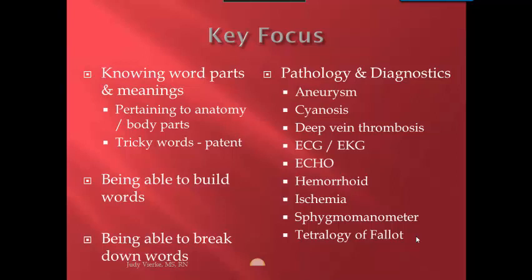Sphygmomanometer is the instrument to measure your pulse pressure, or more commonly known as your blood pressure. Tetralogy of Fallot was a congenital defect of 4 defects of the heart, and it can result in the deoxygenated blood being circulated to the body.